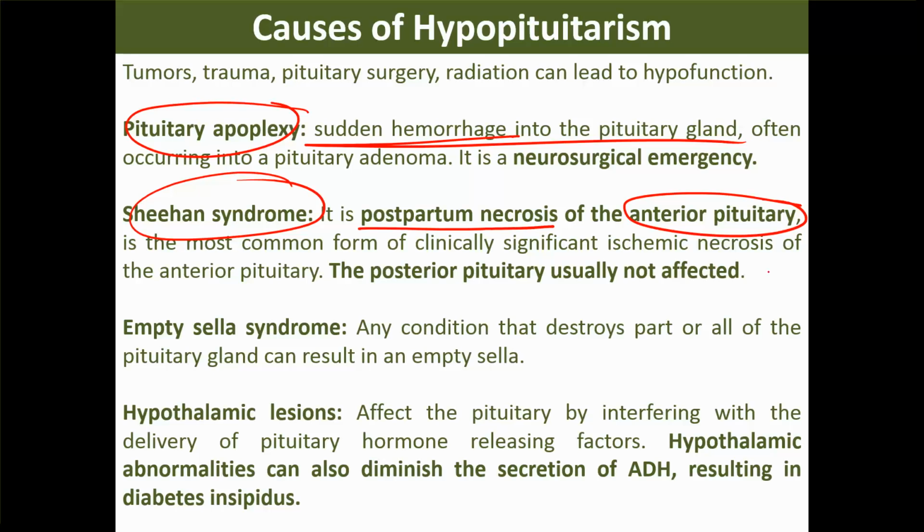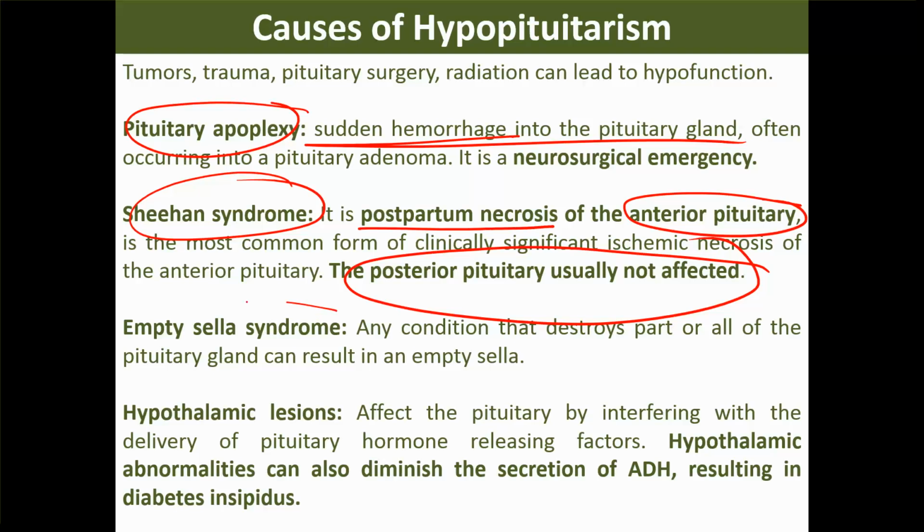Understand, the posterior pituitary is not affected. The blood vessels of the anterior pituitary are affected. Mostly after labor, after the child delivery period, the female goes for anterior pituitary necrosis that results in severe hypopituitarism related to the anterior pituitary hormones. It is called Sheehan syndrome.